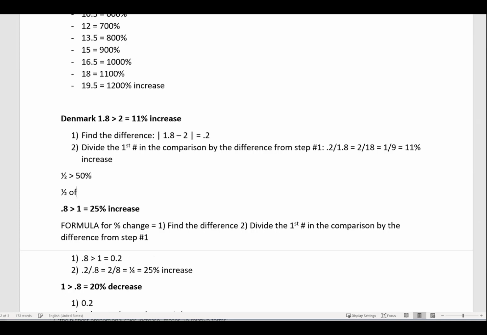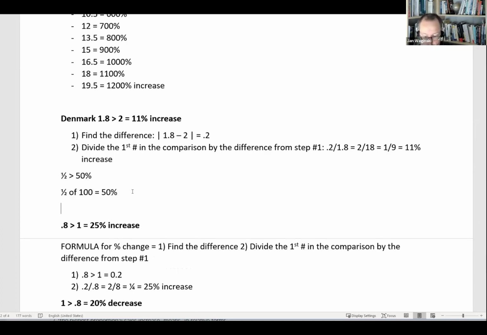So we say it's 50%. Half of 100, right? It's always going to be that fraction out of 100. So if your fraction had been a quarter, then it would be a quarter of 100. It's 25%.